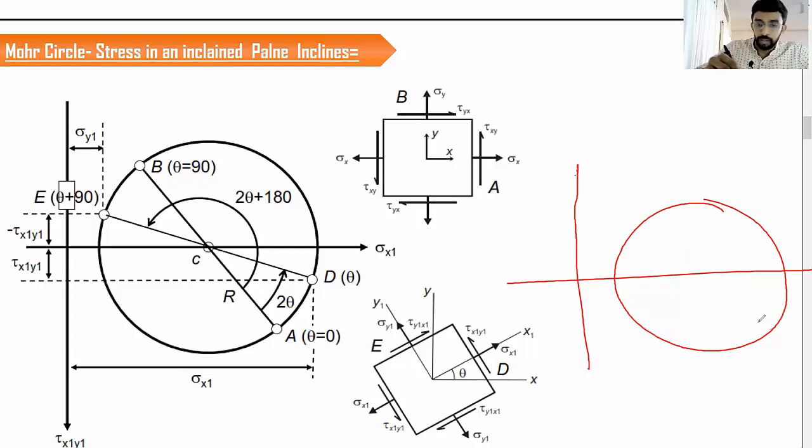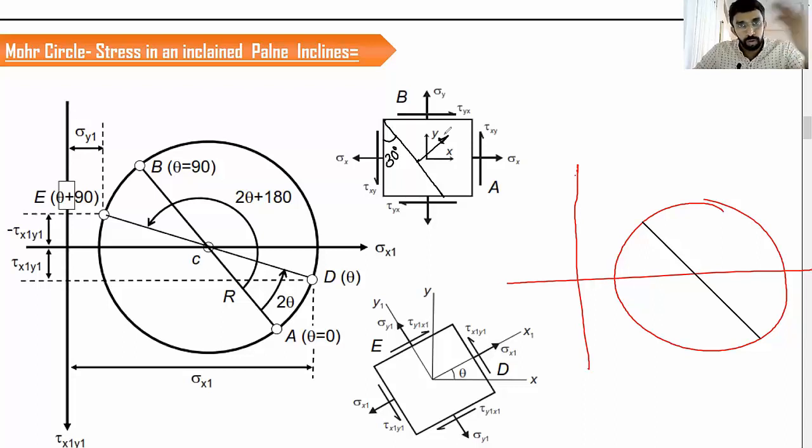I will do one thing. I will draw a straight line itself to avoid some confusion. I will draw a straight line like this, right? Now this is going to be the reference line. And I want the stress acting on a plane inclined at 30 degrees. I want the value of its normal and shear stress acting on this particular plane.